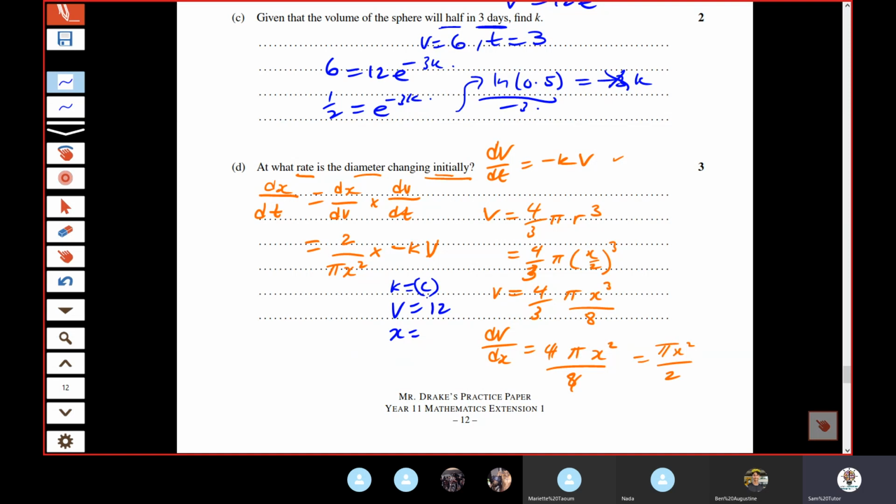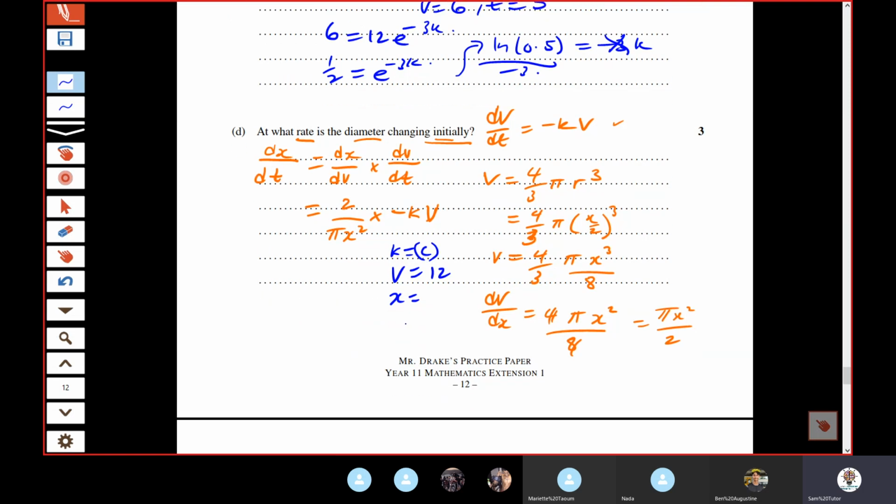Any ideas? Stefan, what do you reckon? What is the diameter equal to initially? How do you work it out?